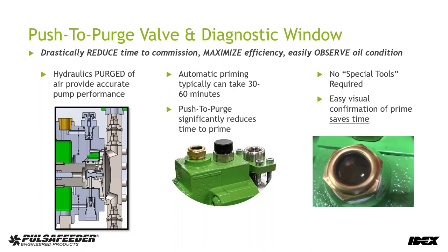The full video shows an empty window there, and that means the pump is still in the process of priming. Or if you see the oil with some bubbles in there, it's still priming. But if it's solid, that means the pump is effectively primed. And like I mentioned, with the push to purge, it greatly minimizes that priming cycle.